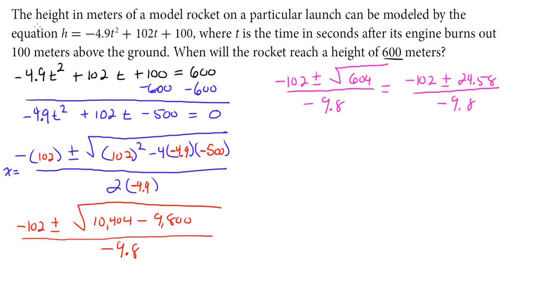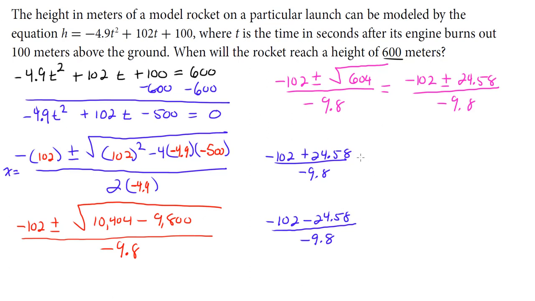So now we have our two fractions. Let's write down our two fractions here. Our first one is going to be negative 102 plus 24.58 divided by negative 9.8. And our second fraction will be negative 102 minus 24.58 divided by negative 9.8.